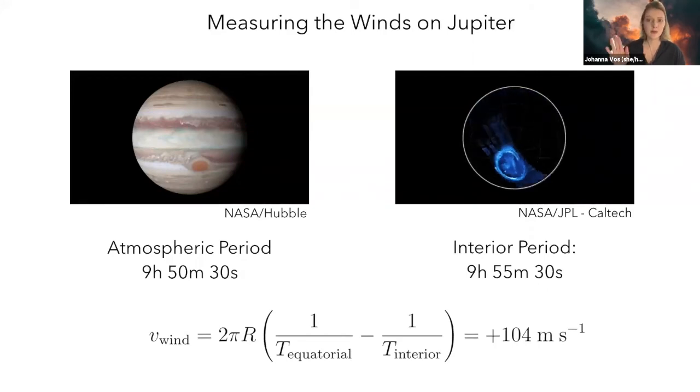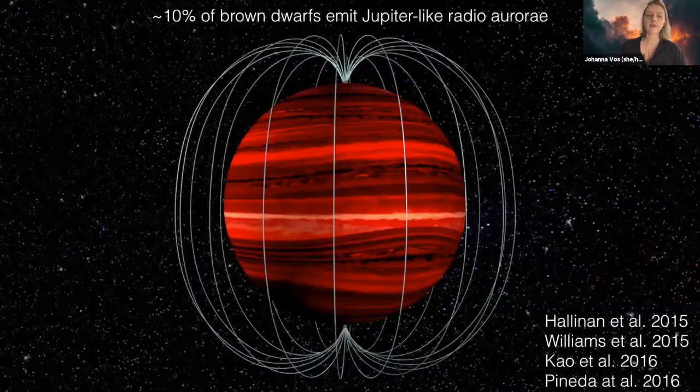So I think you'll probably believe me that brown dwarfs exhibit cloud-driven variability, but what about aurora? About 10% of brown dwarfs emit radio aurora, similar to what we see on Jupiter, but souped up with much stronger magnetic fields.